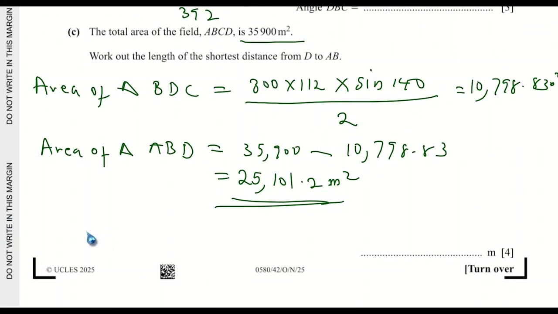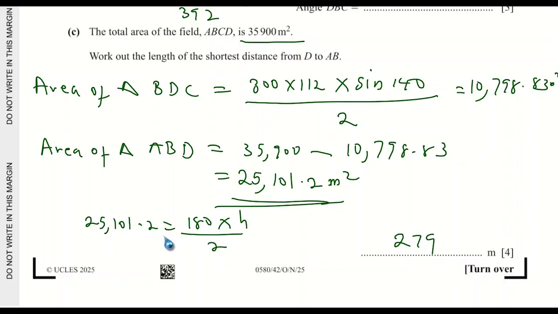So that means we can say that 25,101.2 equals the base, which is 180, times the height, which is the shortest distance from D to line AB, divided by 2. Okay, so you can actually solve for h, and the value of h is approximately 279.